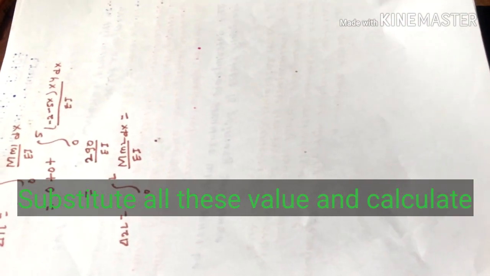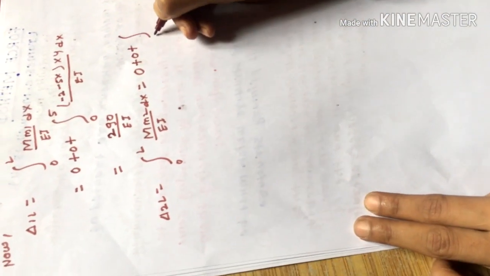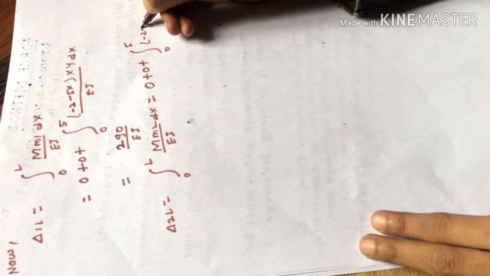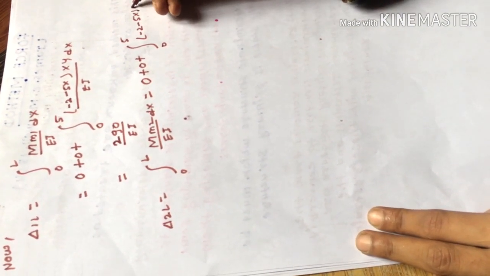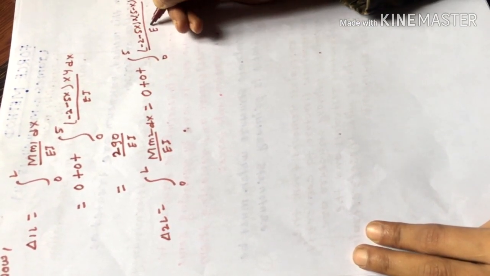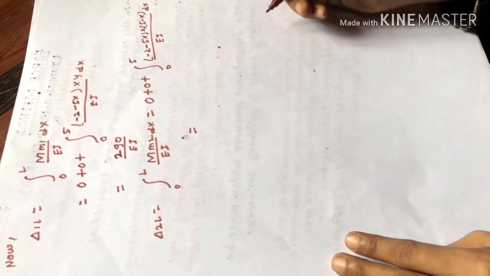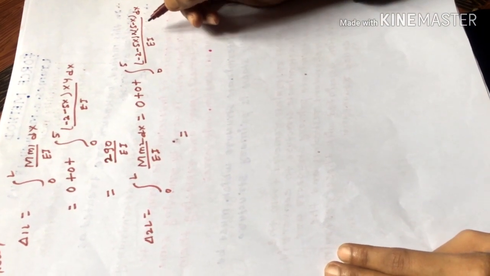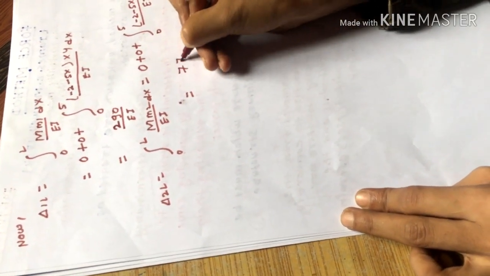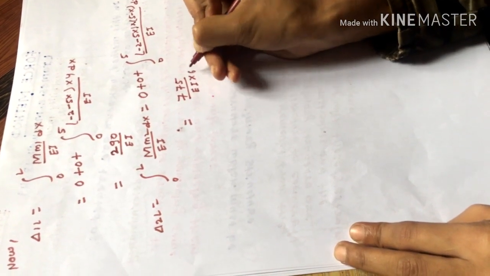So let us substitute this from the table, 0 plus 0, and our limit is 0 to 5, (-2 - 5x) into m2 divided by EI with respect to dx. Now let us calculate using a calculator, taking 1 by EI outside the integration. On calculating we get 775 divided by EI into 6.